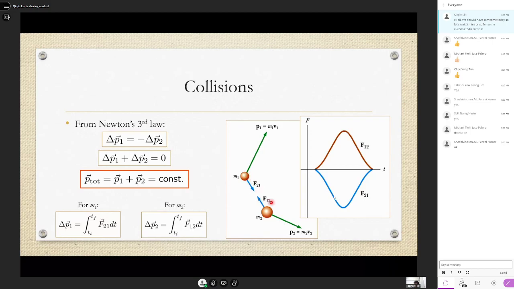In this diagram, you imagine they are colliding with one another. Of course, they are drawn far apart to illustrate the forces acting on one another, but during the collision, these are the forces that they will apply to each other. The change in momentum 1 is given by this formula, the same formula as just now, and the change in momentum 2 is also given by this formula.